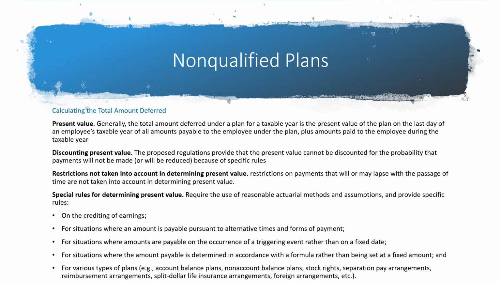The discounting present value method: those same regulations provide that the present value cannot be discounted for the probability that payments will not be made or be reduced because of the unfunded nature of the plan, risk associated with any deemed investment of amounts deferred under the plan, risk that the service recipient or other party will be unwilling or unable to pay the amounts deferred under the plan when due, the possibility of future plan amendments, or the possibility of future changes in the law or similar risks or contingencies.